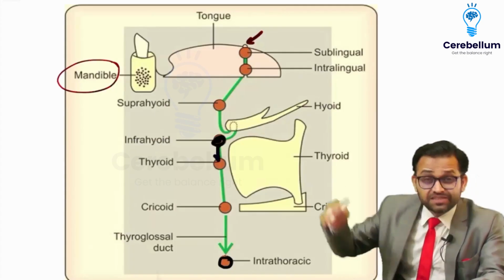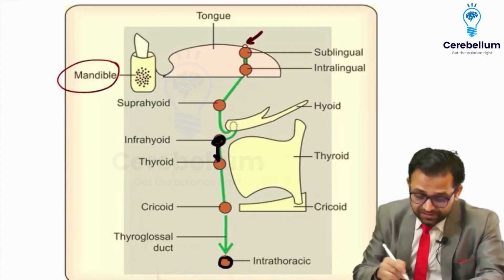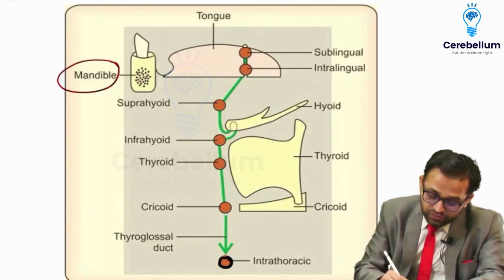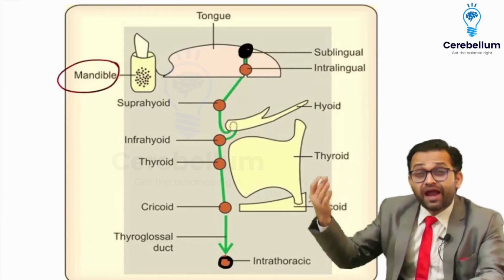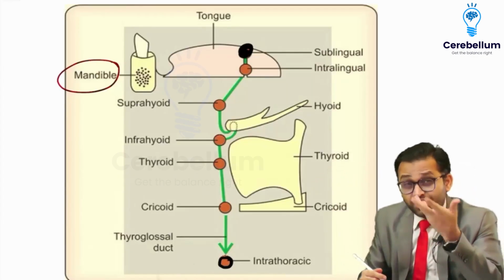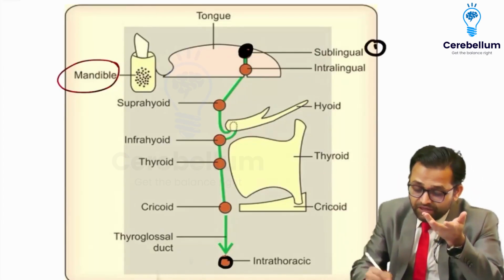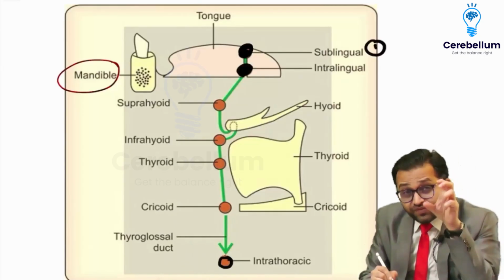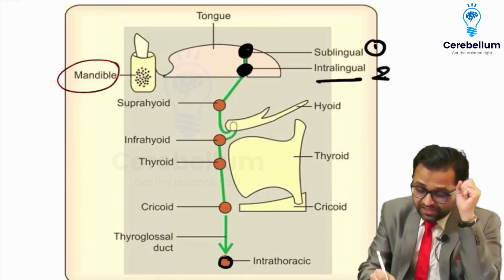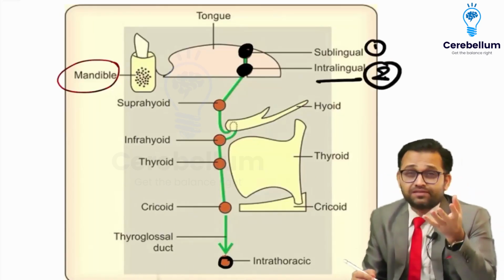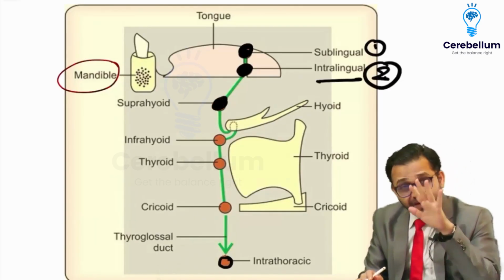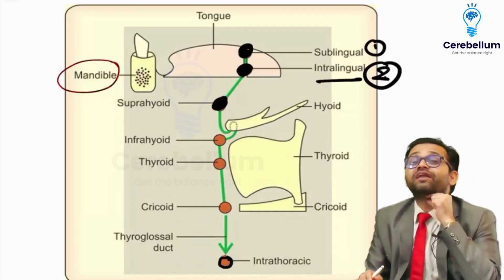Sometimes this descent of the thyroid gland is stopped. So the thyroid is developing at this part, that is the lingual, or you can say sublingual thyroid. Sometimes the thyroid gland is getting stopped within the tongue. So you will say the intralingual thyroid gland. Sometimes the thyroid gland is reaching above the hyoid, and here there is a development of the thyroid above the hyoid.